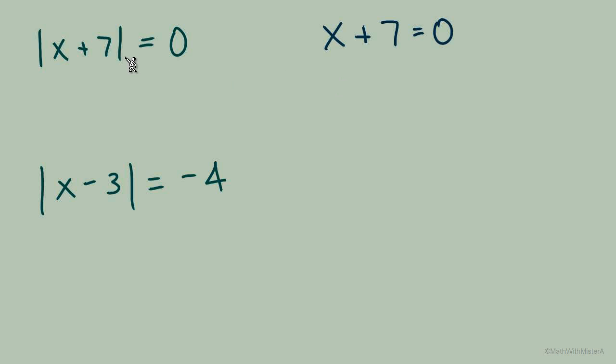So an absolute value equation equal to 0 is only going to have one solution. I'll drop the absolute value bars, solve it, we get x equals negative 7. It is the single solution to an absolute value equation that equals 0.